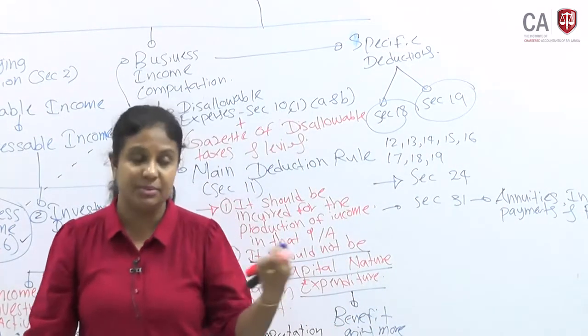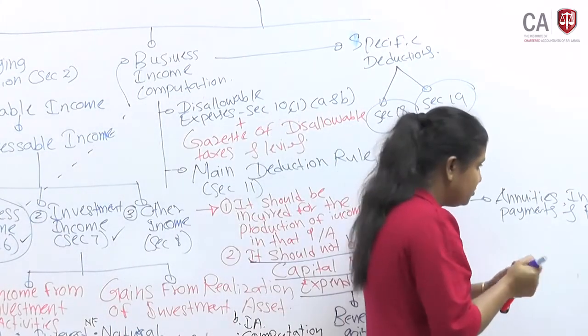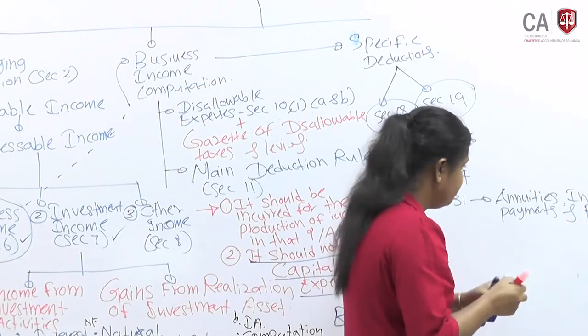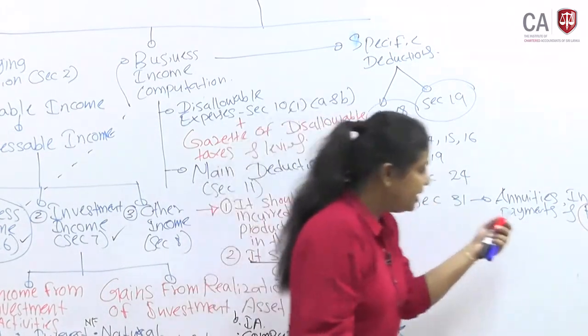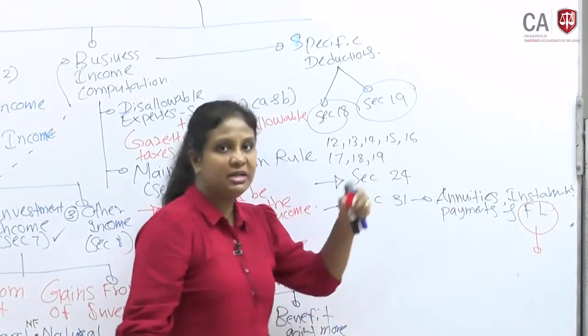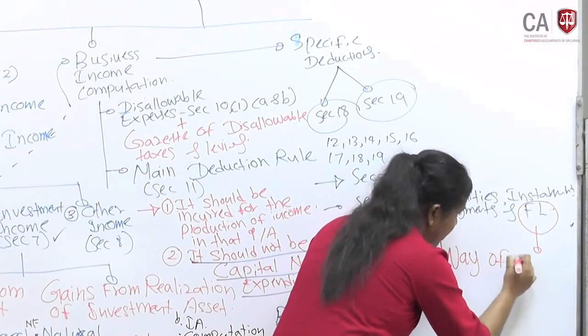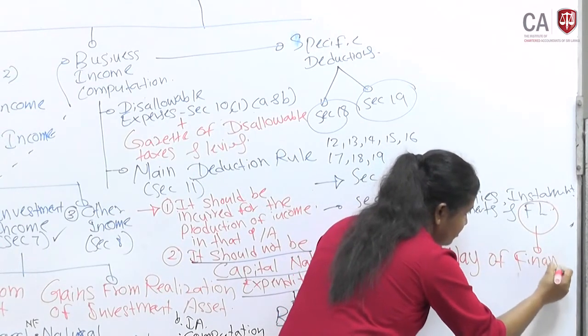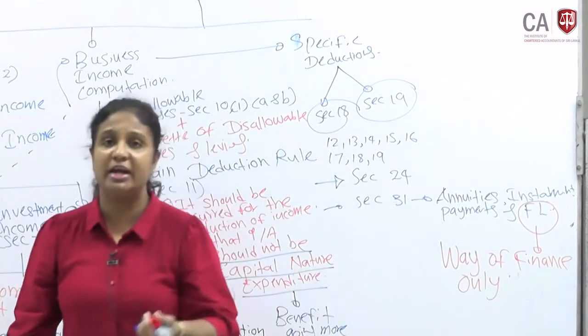Installment payments with hire purchases, annuities and financial leases. I am going to explain these financial leases. Why? It is very clearly given in the Inland Revenue Act, a financial lease is a way of finance only. That's correct. A way of finance only.